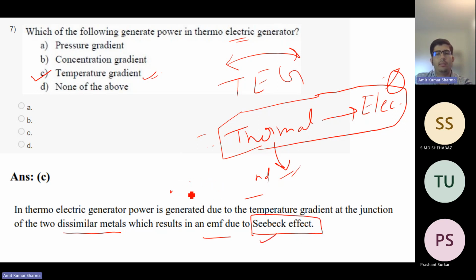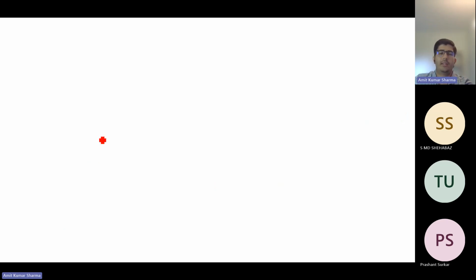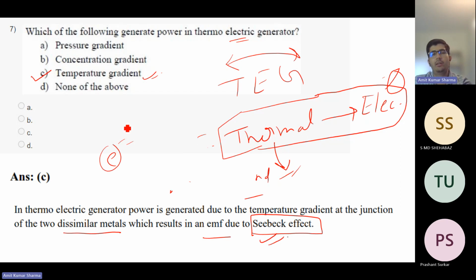For more detail, you can refer to the class notes, but basically the electrons will get energy at the hot end, be excited, and travel to the other side, the cold side.